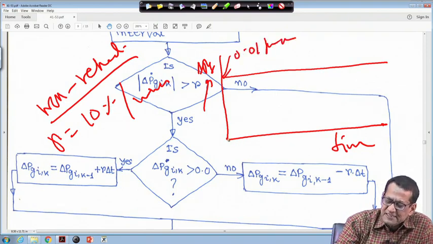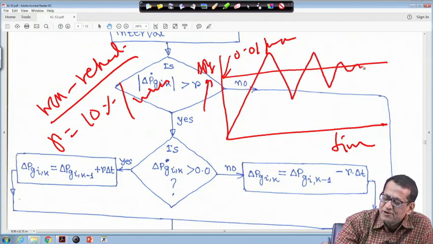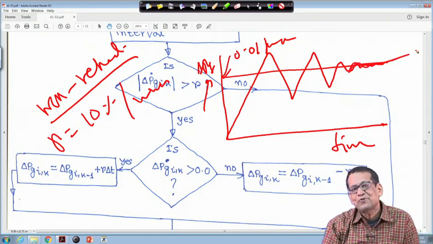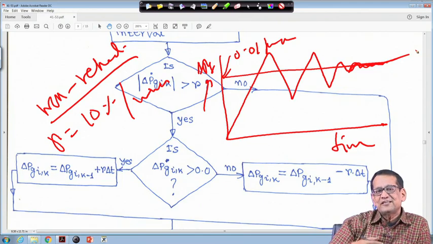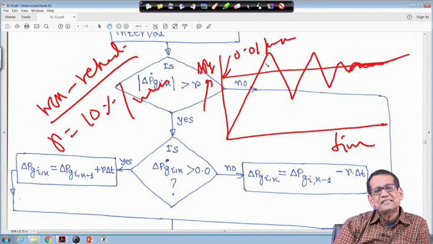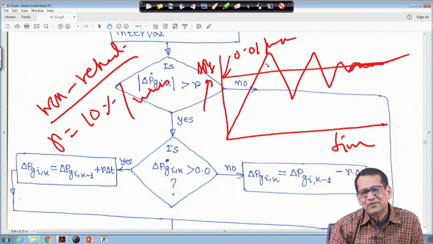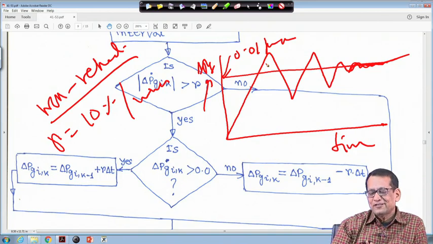The response initially may go like this, a ramp, and finally, when the constraint is no longer violated, it will show some oscillation and settle to 0.01. Otherwise, we will find a straight line increase or decrease, a ramp increase or ramp decrease, right. And the settling time will be very high. For theoretical purposes, it may be some 60 or 80 seconds or even more, right.